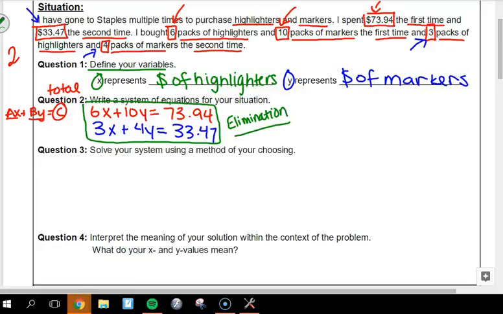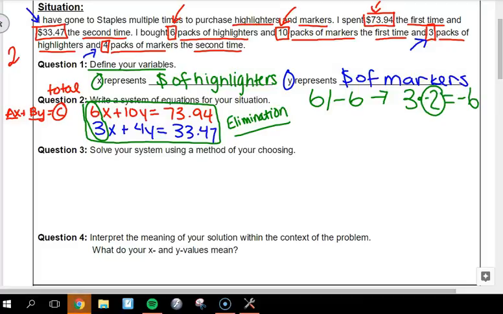So if we look at our coefficients, 6 and 3 are not opposites, but we could make them opposites. 6 and -6 are opposites, which means we would need to turn 3 into -6. So we just need to multiply it by this -2.